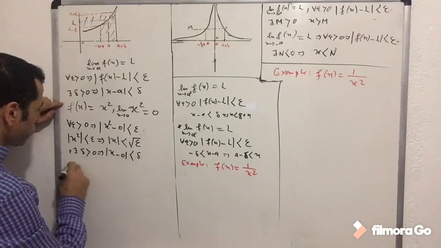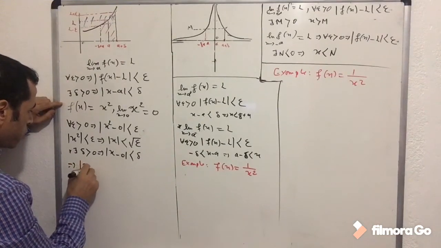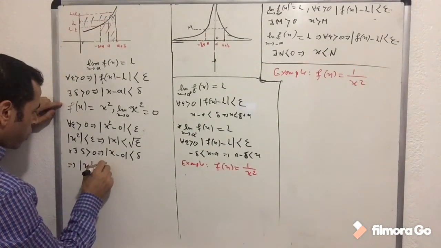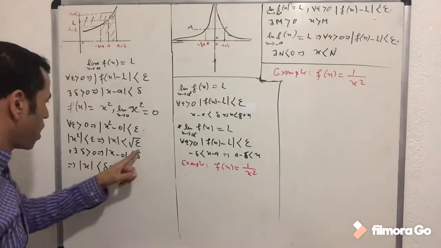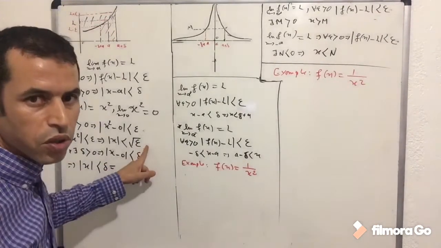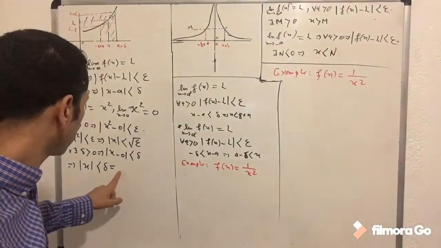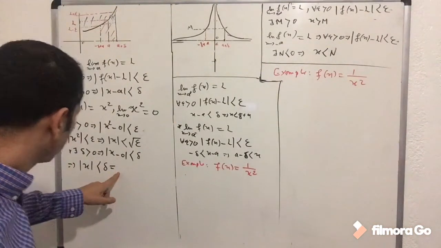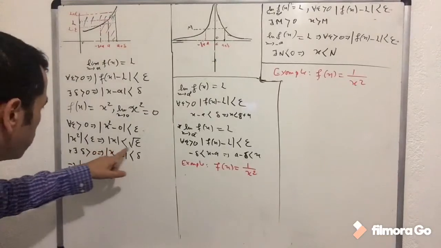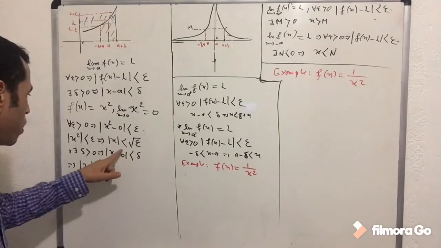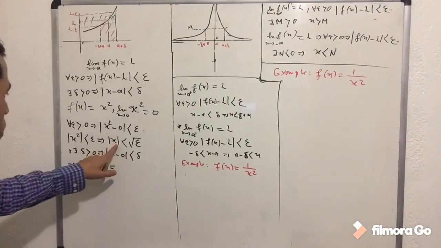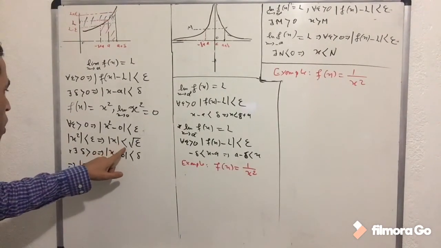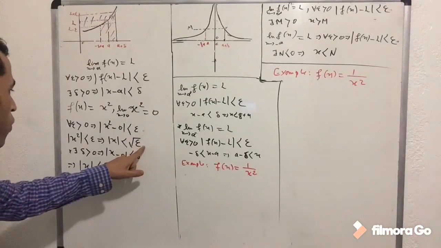Look here, we assume square root of epsilon equals delta. Because both inequalities are going the same way, the first inequality is absolute value of x strictly inferior than square root of epsilon.